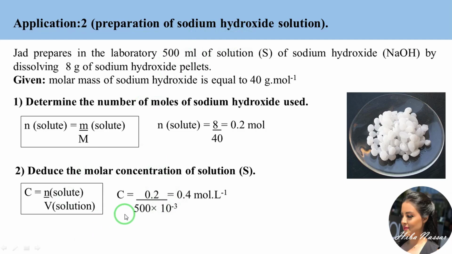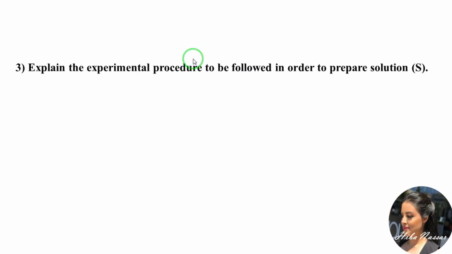So finally, we can say that the molar concentration of solution S is equal to 0.4 mole per liter. So here in this application, we prepare a solution having a specific concentration 0.4 mole per liter and a definite volume which is equal to 500 milliliter.